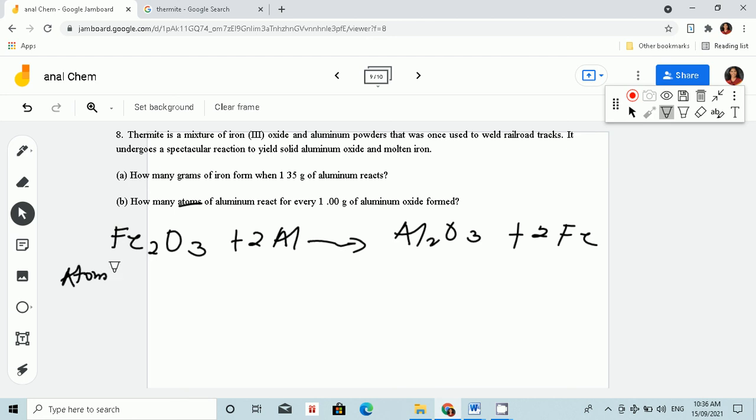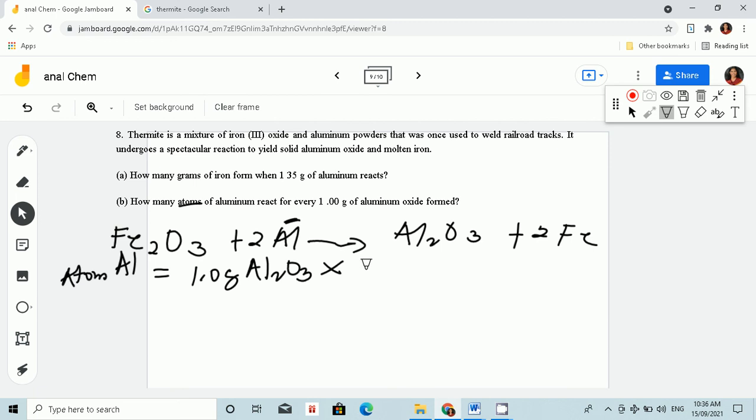We multiply it with the atomic mass of aluminum oxide. Since we have aluminum, 26.98 times 2, since there are 2 atoms, plus oxygen, which is 16 times 3, since there are 3 atoms.